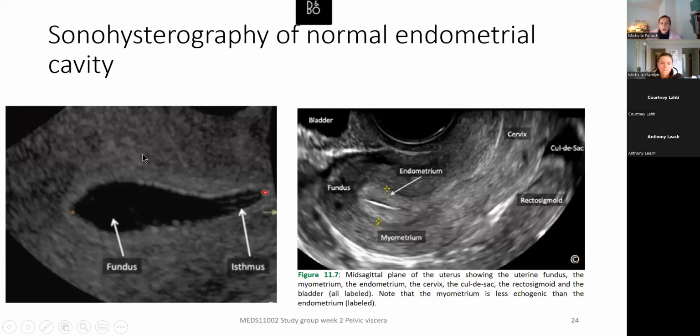This picture might help. This is what we call a sonohysterogram. It's a bit of a long name. Basically, this is a zoomed-up picture of this in a different patient. We sometimes inject a bit of fluid through the vagina into the uterine cavity, which we can also call the endometrial cavity, to outline whether there are any growths coming off the endometrium.